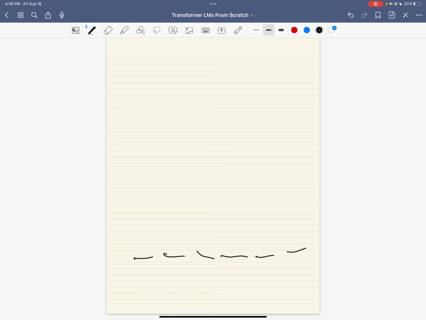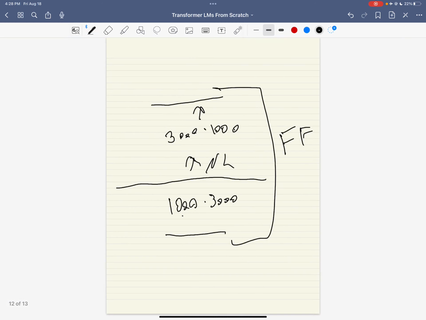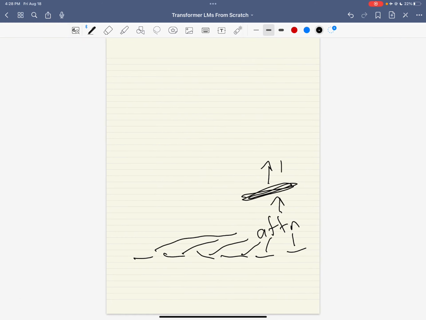Then we use attention to take all these words and output one vector of size 1,000, and then we feed it to this feed-forward layer, which I just showed you, and then we multiply it by the output embedding. We get a vector of size 50,000, and then we have the softmax, and it's still 50,000, and that's our output. So that's our current model.